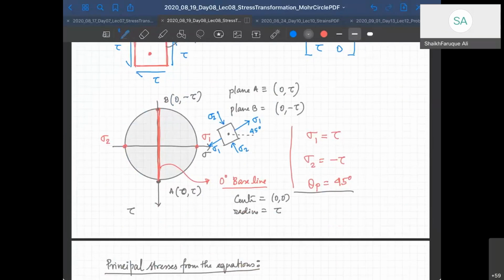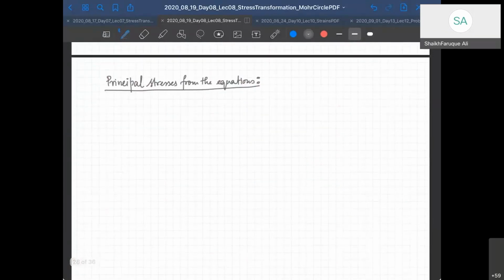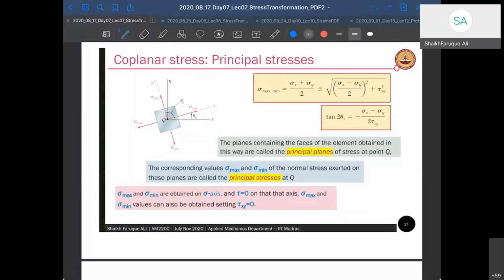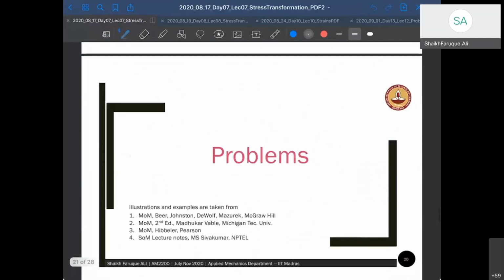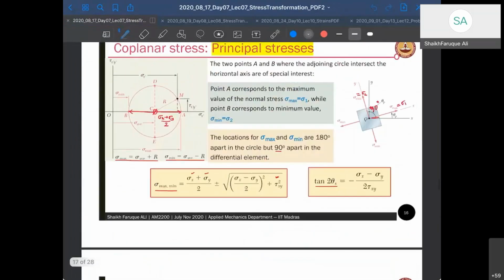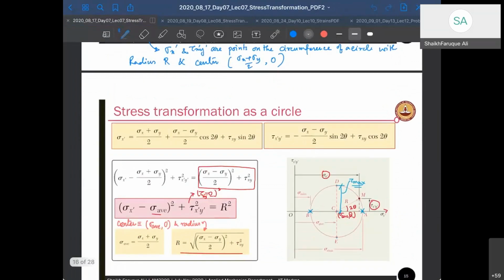All right. Now, how to find this? If you remember, we know the formula for it, right? The formula was given by, I don't remember the formulas, okay? So don't ask me. Yeah, these were the formulas. So this is your sigma x, right?